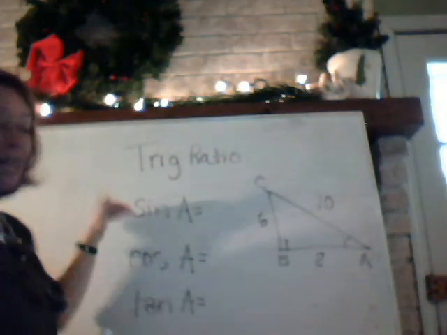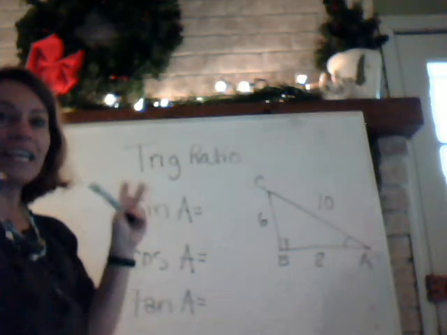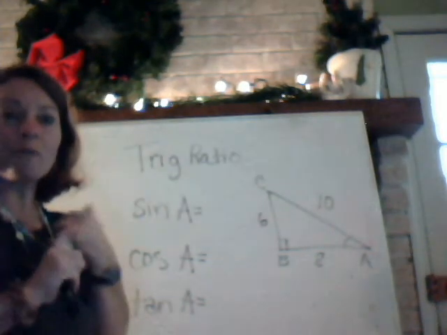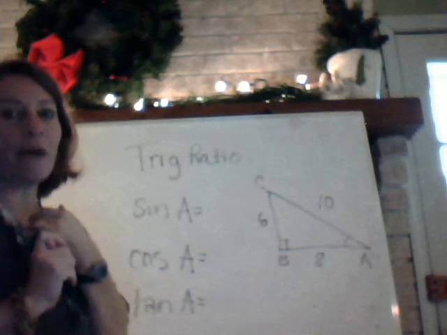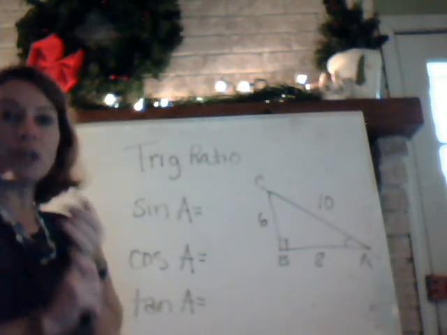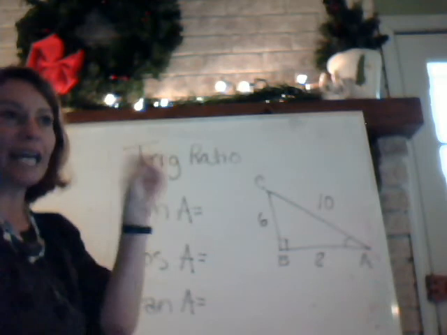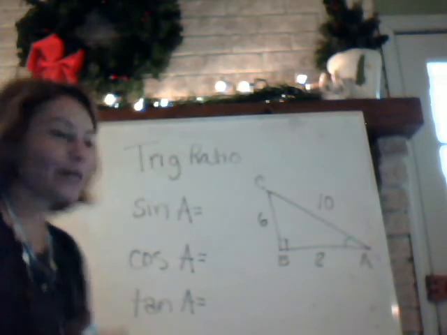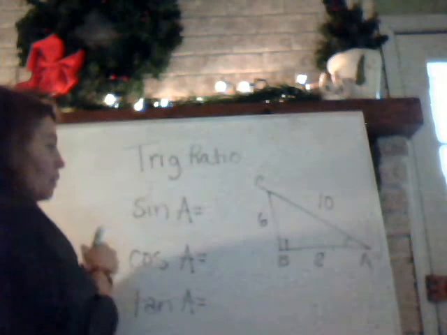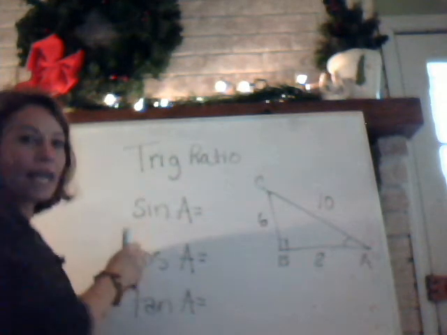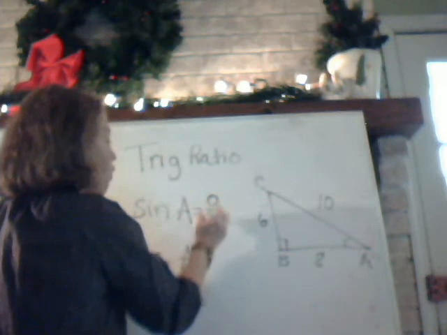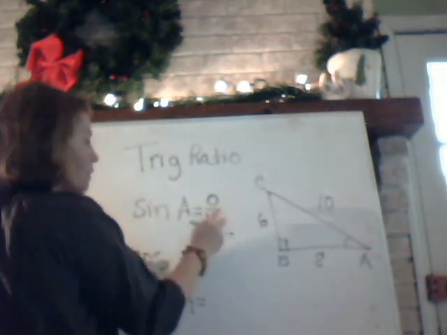So to remember, we had a couple little acronyms we used in class. The first one was, some old hippie came a-hoppin' in my apartment. Or you can use SOHCAHTOA. So SOHCAHTOA is sine is SO, which is opposite over hypotenuse.